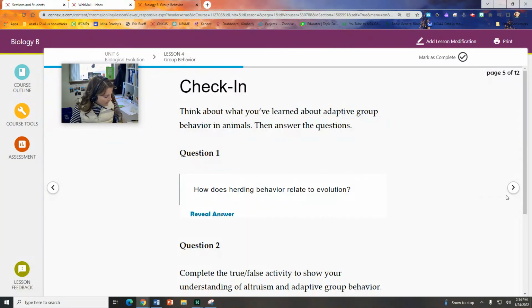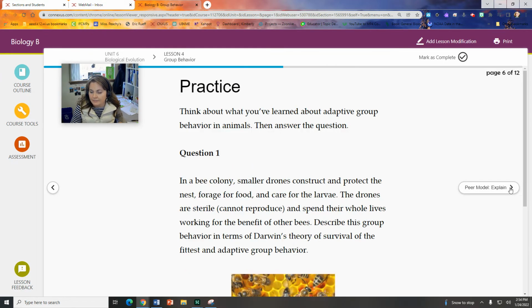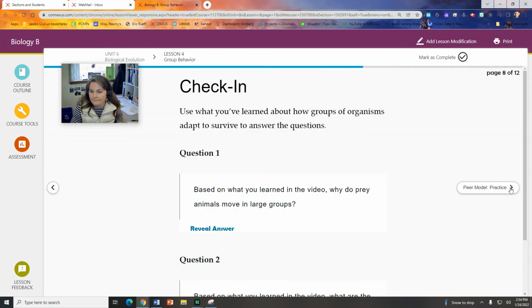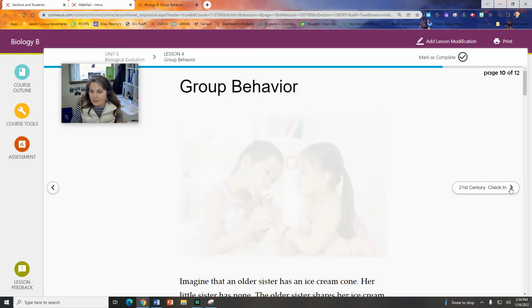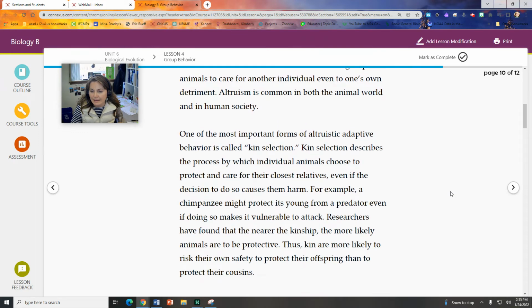The other thing here, let me just kind of get to that part in the lesson. It talks about something called kin selection. And kin selection is a type of altruistic adaptive behavior where individual animals choose to protect their closest relatives.